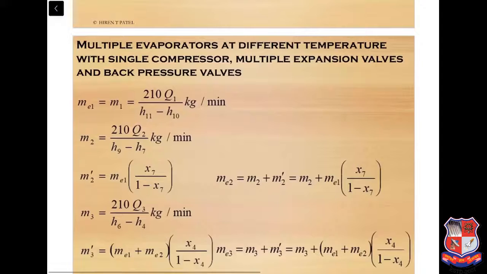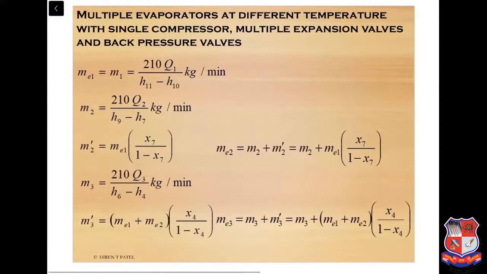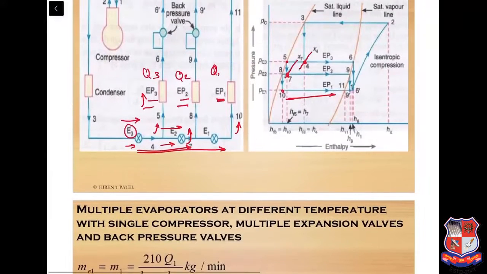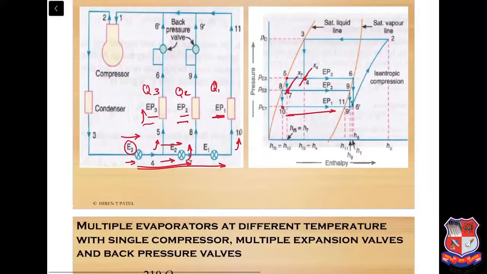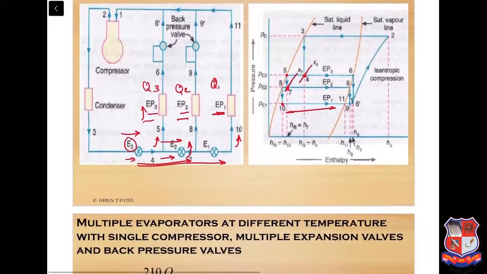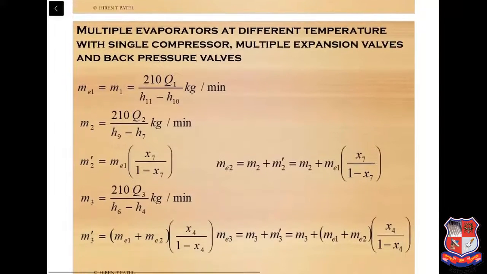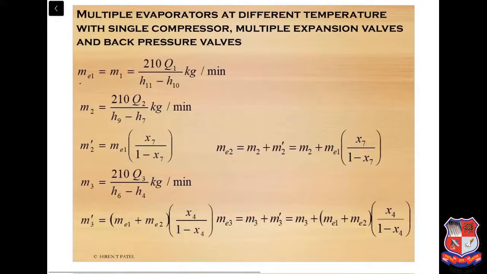So if we see the mass, the mass of refrigerant required to be circulated through the first evaporator, or we can say the lowest temperature evaporator, that is EP1, will be M1, that is 210Q1 divided by H11 minus H10.